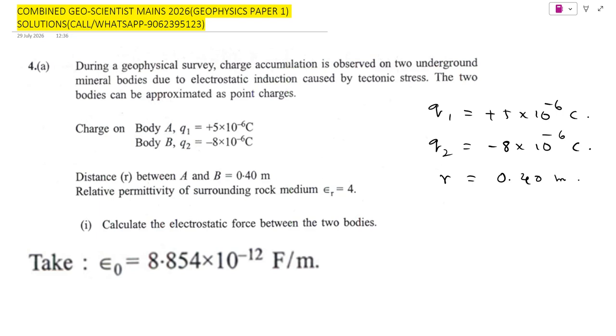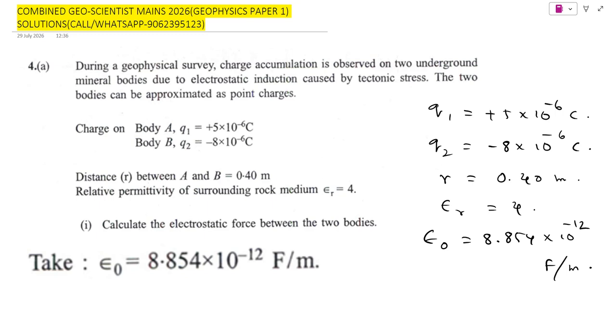Relative permittivity of the surrounding rock, epsilon R, is 4. And vacuum permittivity, epsilon 0. And we have to find the electrostatic force between the two bodies, right?